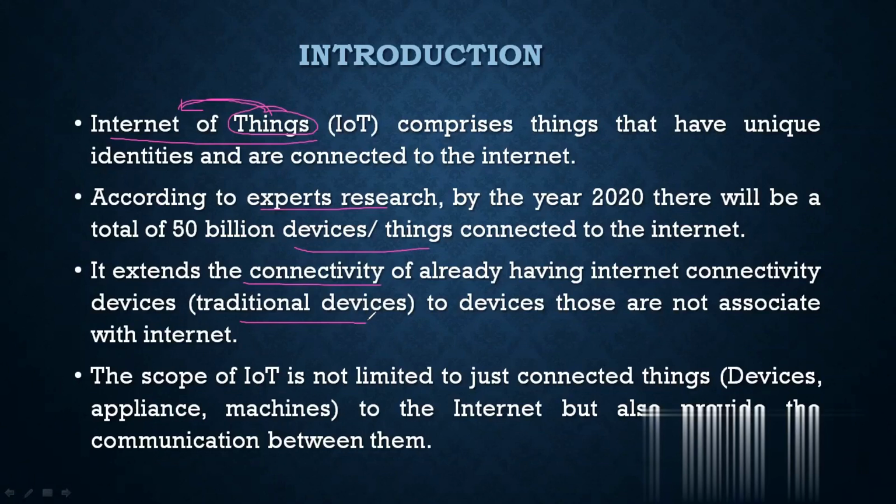But consider devices like fans, windows, doors, fridges, washing machines. All these devices are things that were not connected with the internet in the past days. But with the invention of IoT, it provides the capability for those devices to also connect with the internet. So for this purpose, IoT is drastically increasing to 50 billion according to the expert research.